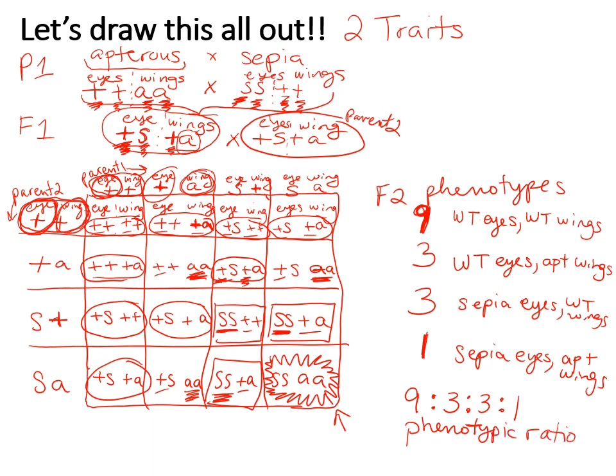And again, phenotypic being what you're actually seeing for those flies. Now that's how you do the Punnett square, but in the coming slides, I'm going to show you a little easier way to figure this out based on considering a dihybrid as simply being 2 monohybrids put together. If you have any questions or concerns, send me a message in the Remind app.